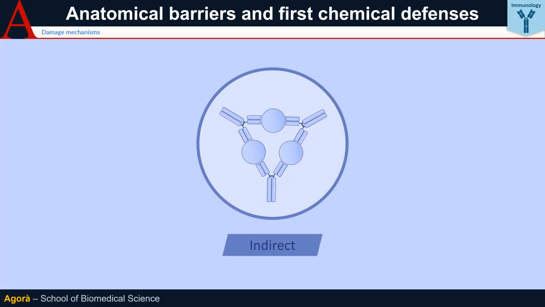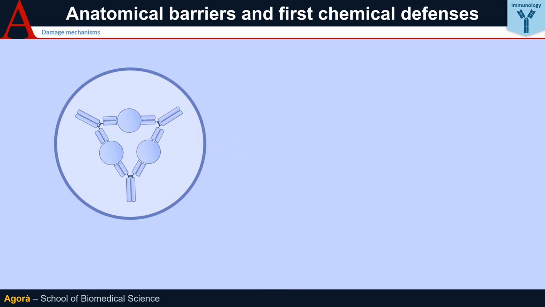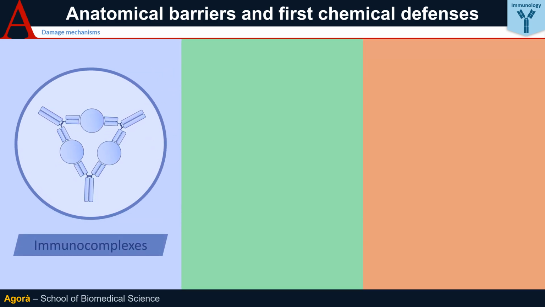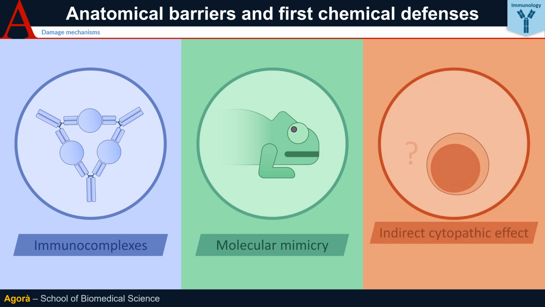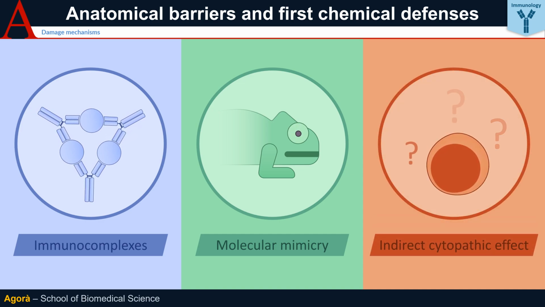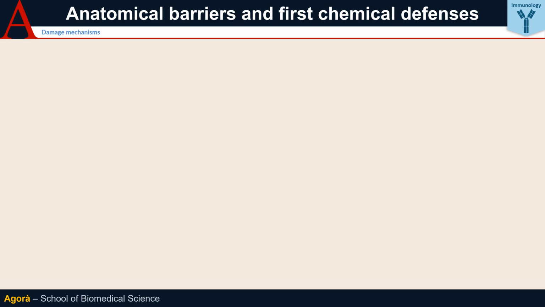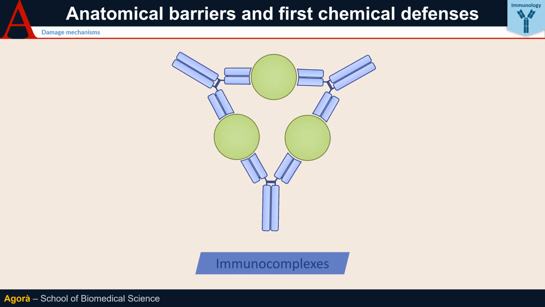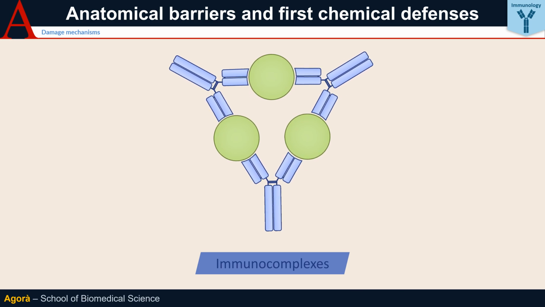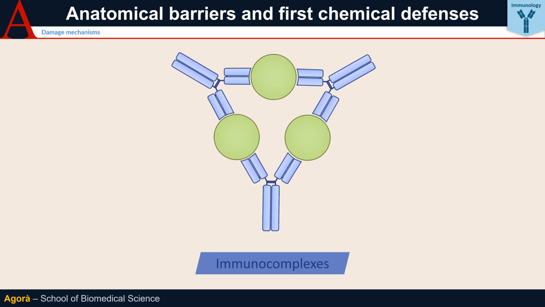Indirect mechanisms of damage include the formation of immune complexes, the production of autoreactive antibodies, and the activation of adaptive immunity against pathogen-infected cells. Immune complexes are large molecular aggregates formed when multiple antibodies bind to particularly large or highly immunogenic antigens, that is, those presenting multiple epitopes.